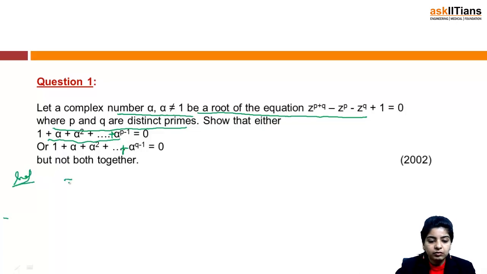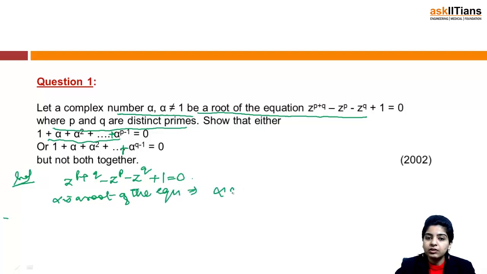My given equation is z raised to the power p plus q minus z raised to the power p minus z raised to the power q plus 1 equal to 0. It's given that alpha is a root of the equation, which implies alpha will satisfy this equation.